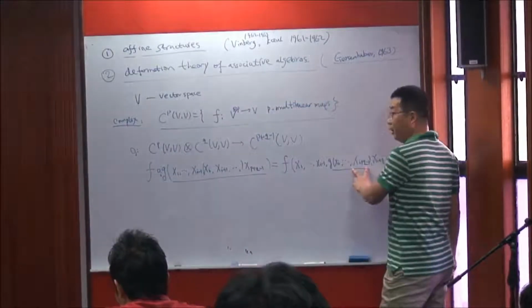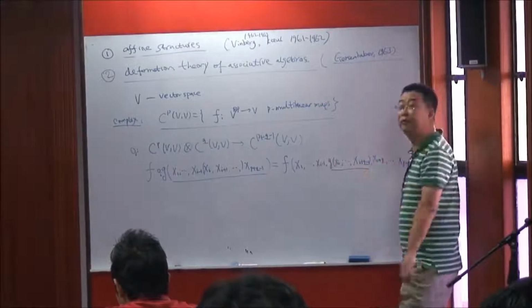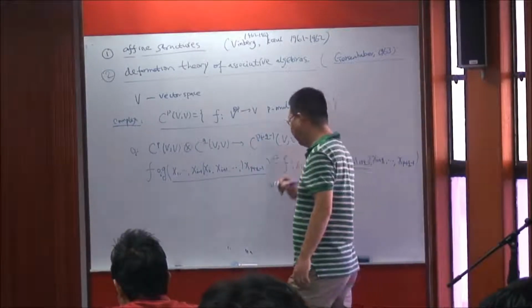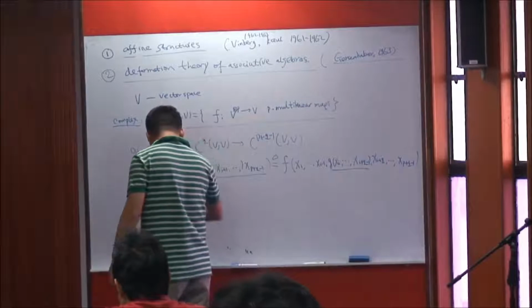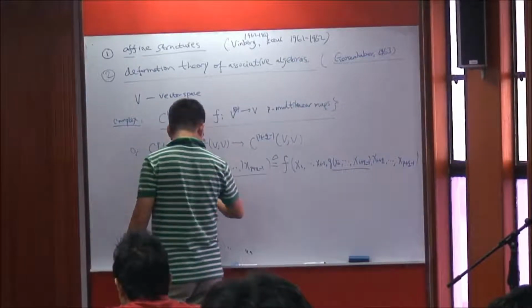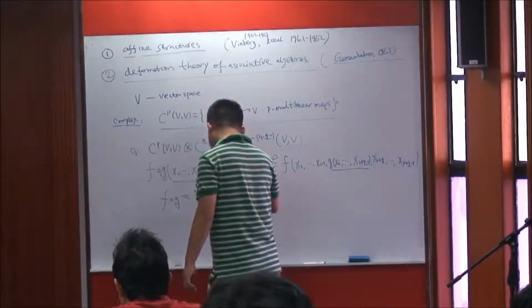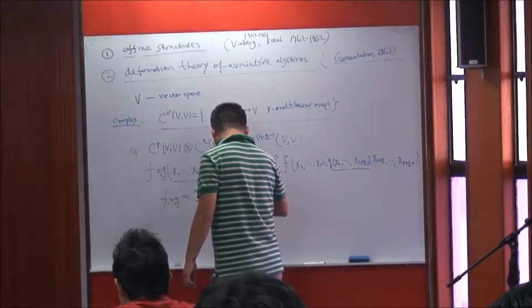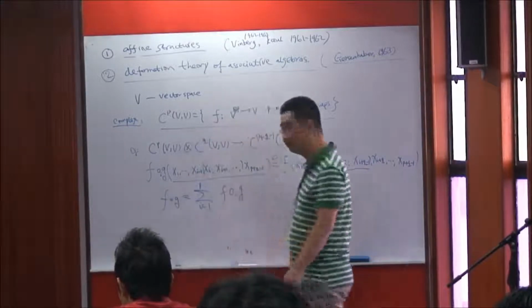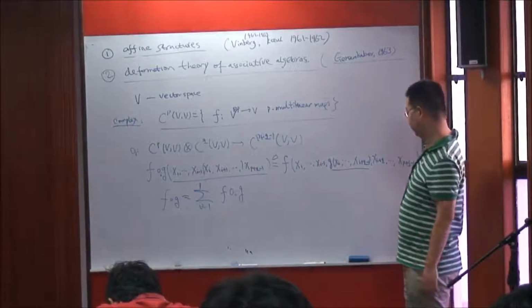Here is the q variable, and the total of the q variable, so it's well defined. And we define the sum over i equals 1 to p. It's also well defined.